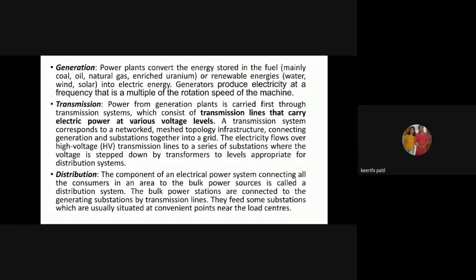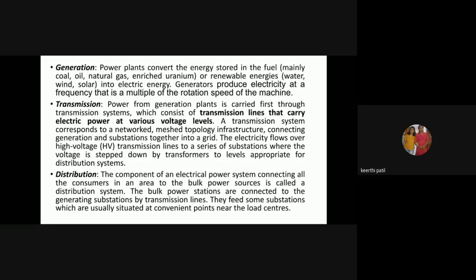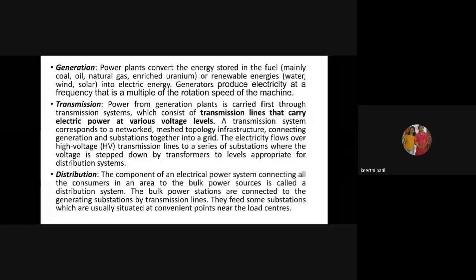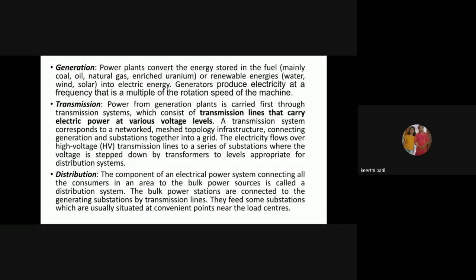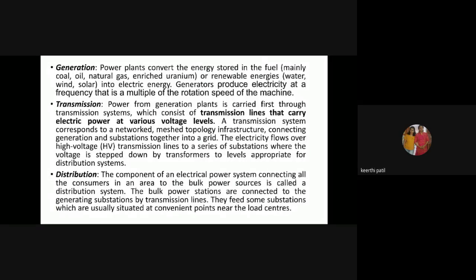So what happens in transmission and what happens in distribution? When electricity is generated at a certain voltage and frequency, we need a different voltage and frequency level for the consumers. So what needs to be done?